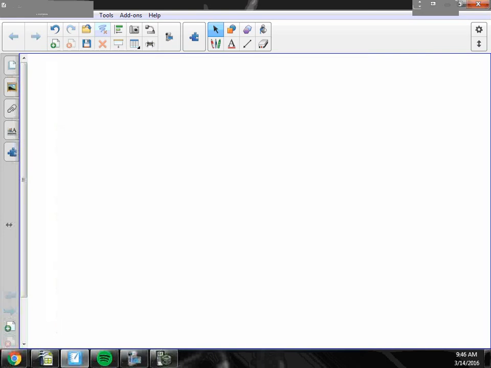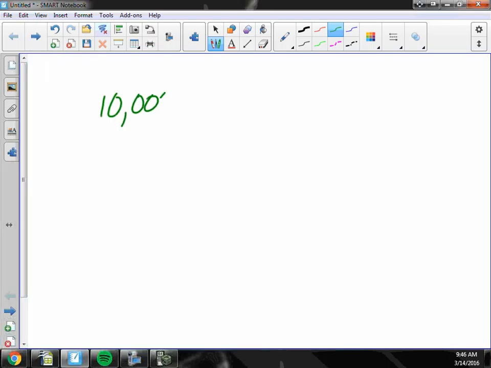What if we had this? 10,000 equals N naught e to the 0.05 times 12. This would say after 12 years of 5% growth, a city has 10,000 people. How many people were there initially? That's essentially what this story problem is saying. So how would you solve for N naught?